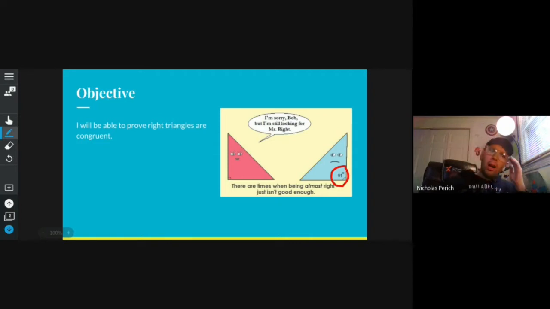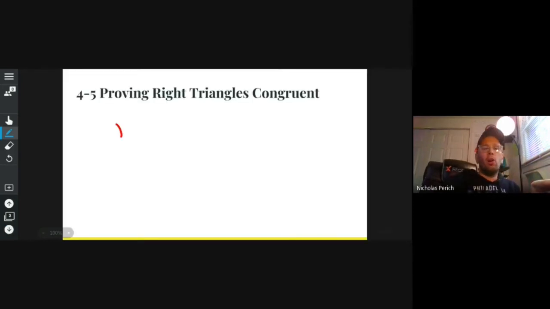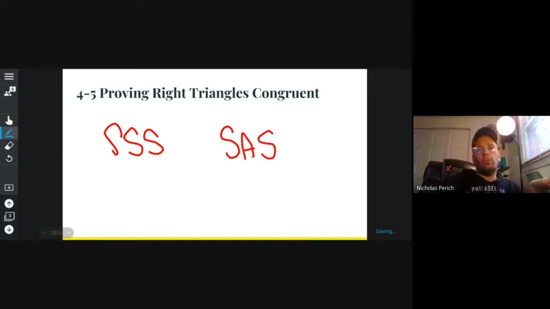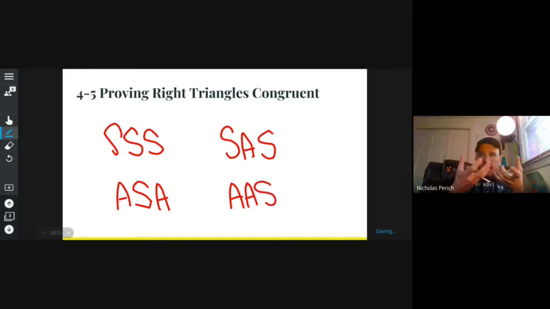We're going to talk about right triangles. What we learned were four postulates called SSS, SAS. That was 3 days ago. And then yesterday was ASA, and then AAS. Again, I'm looking at these two triangles.